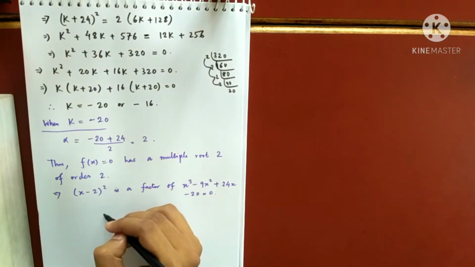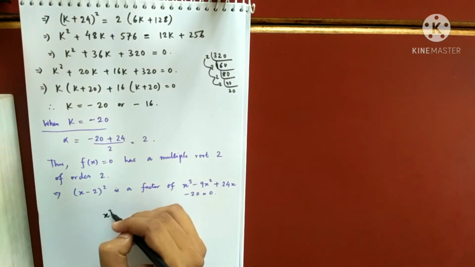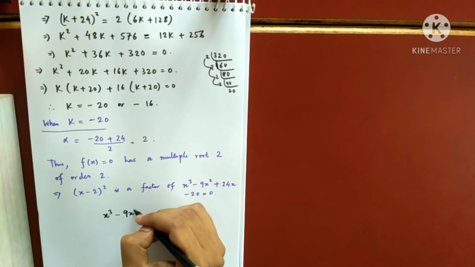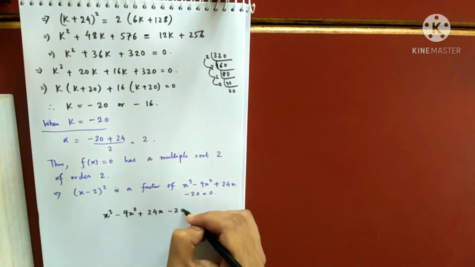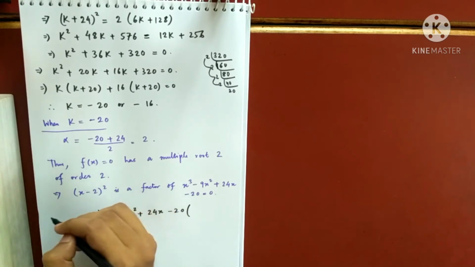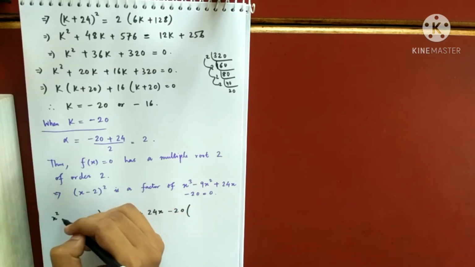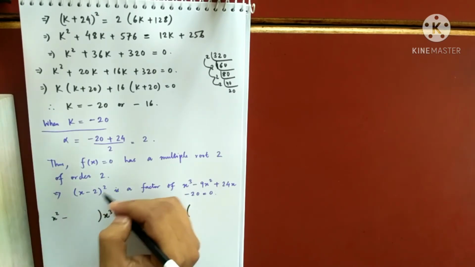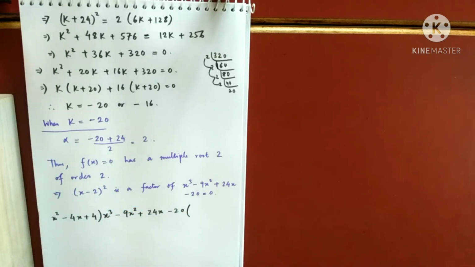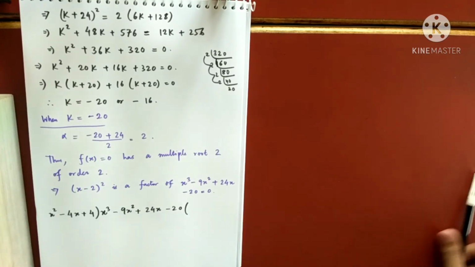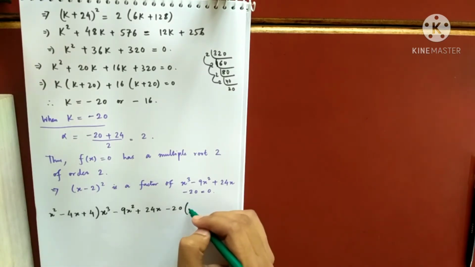So here is my x³ - 9x² + 24x - 20. I'll divide this by (x - 2)², that is x² - 4x + 4, a minus b whole square. Let's divide very quickly. First of all, x.